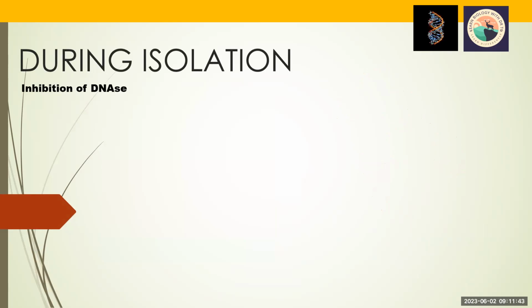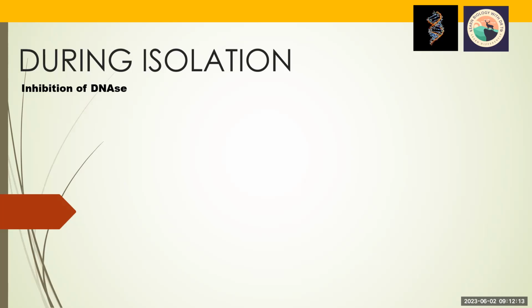DNases are the enzymes which can break DNA, which can hydrolyze the bonds of the DNA, which are present in the cells in lysosomes, or could be present even on a surface, because when bacteria contaminate the surface, if the bacteria die, this DNase can be released onto the surface. So there is a chance of contamination while we are working with the DNA isolation procedure.